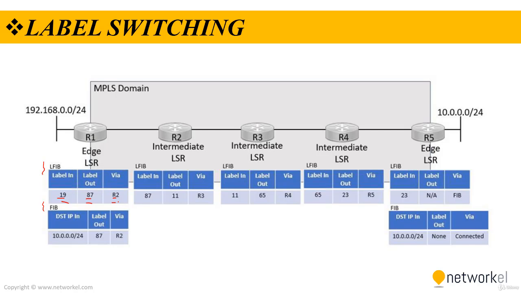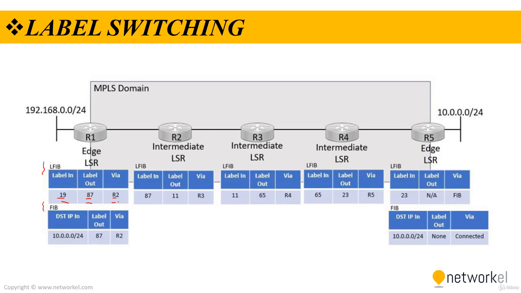Therefore, when the packet arrives on the interface of router 1 connected to the 192 network with a destination IP address in the packet for 10.0.0.0/24, the FIB indicates that label 87 has to be added and the packet needs to be forwarded with R2 as the next hop address.